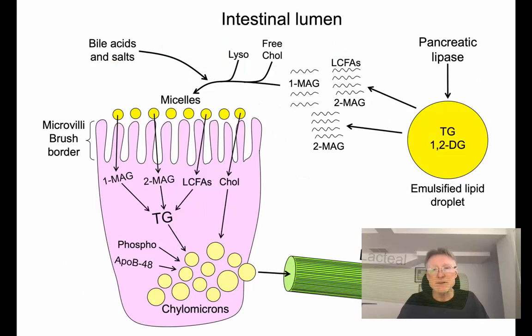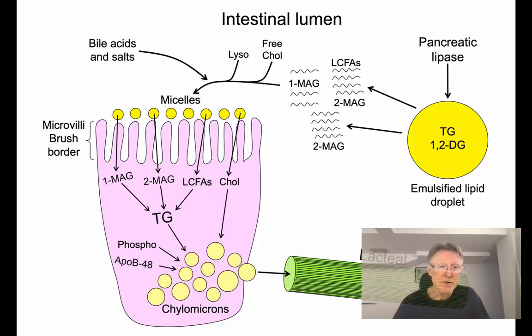Now this is a diagram that tries to put together the digestion that is occurring in the duodenum, especially when you look at the intestinal lumen. Here in pink we have an enterocyte. This cell you already know because we discussed it when we were doing digestion of carbohydrates.